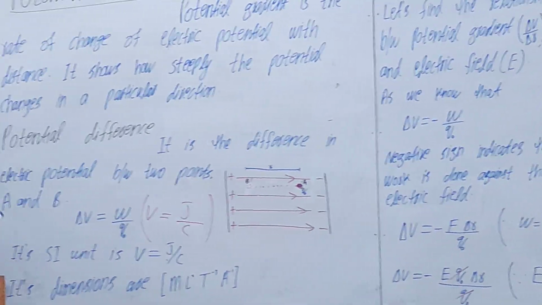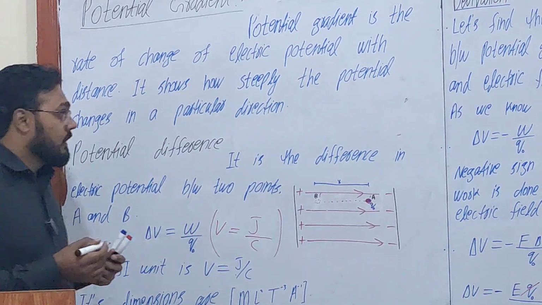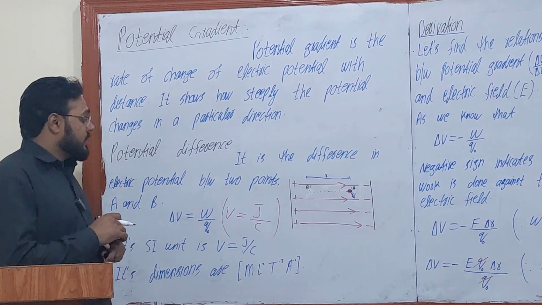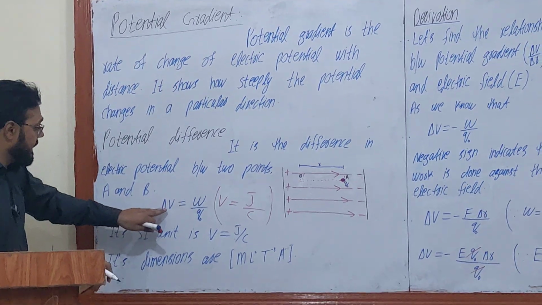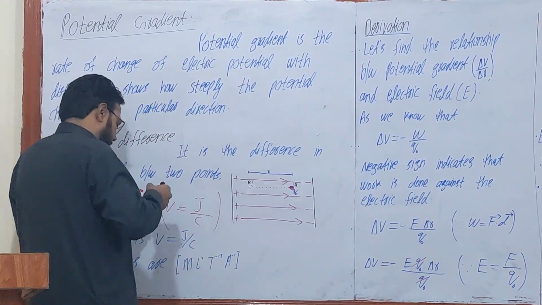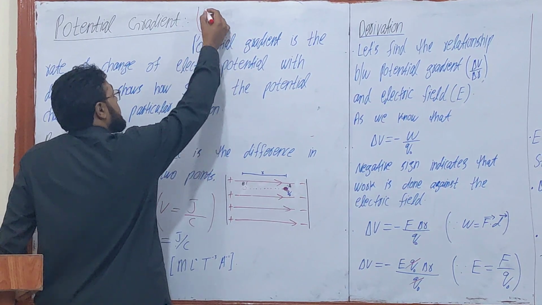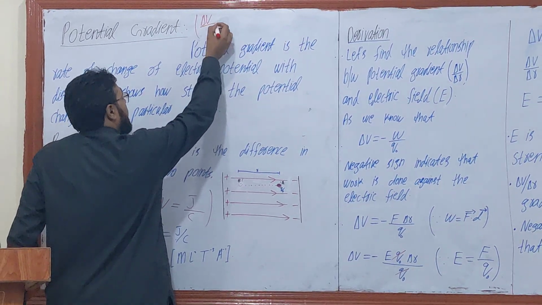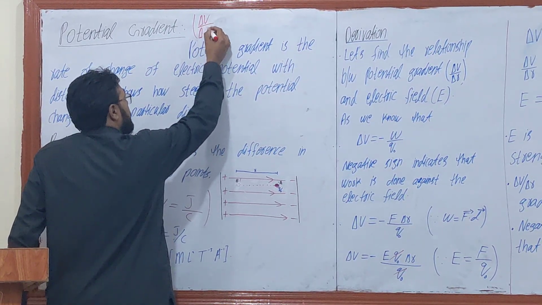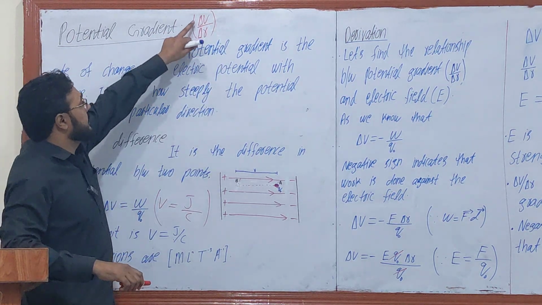Now what is the potential gradient? Potential gradient means change in electric potential with respect to distance. Potential gradient is the change in potential with respect to distance, the rate of change of potential with respect to distance.